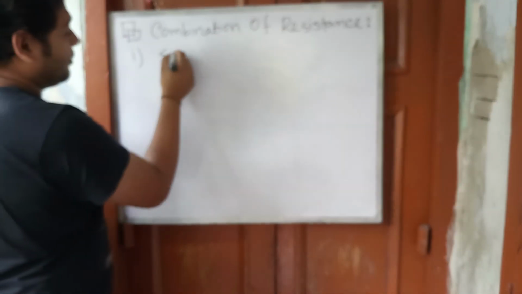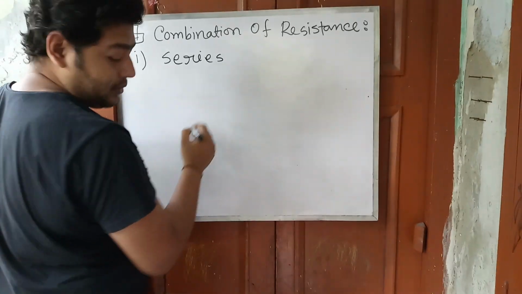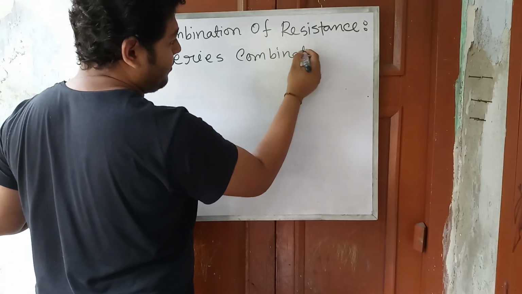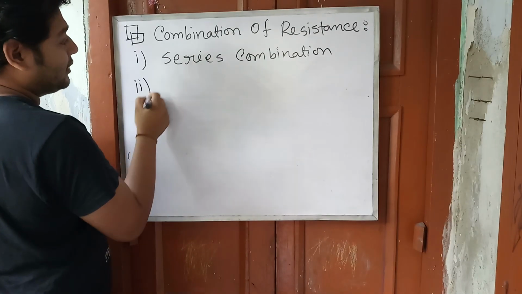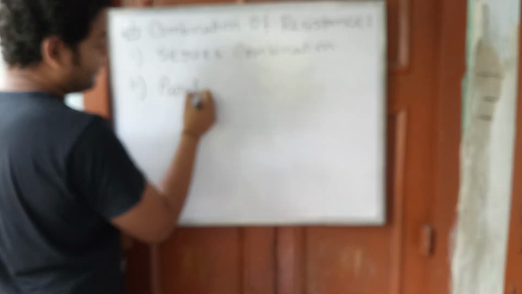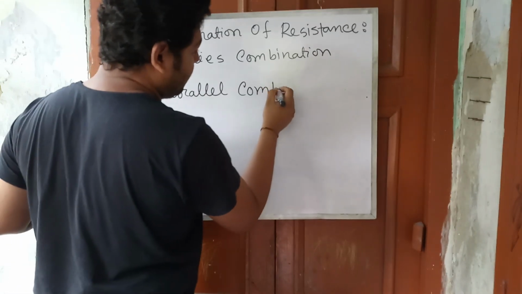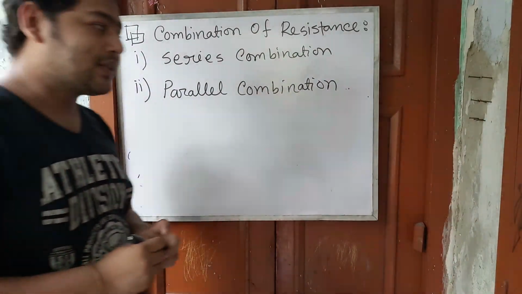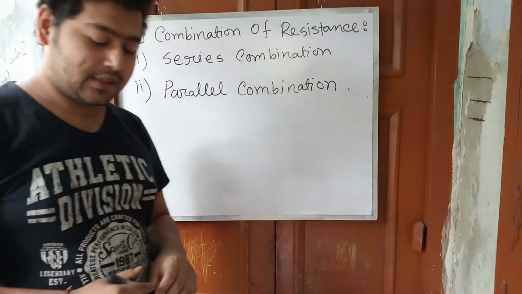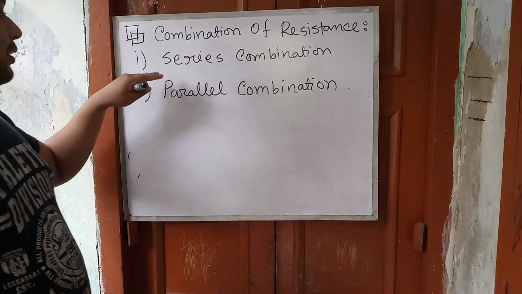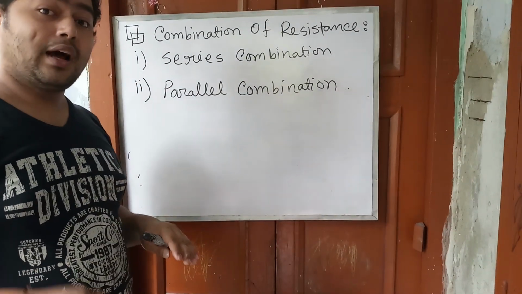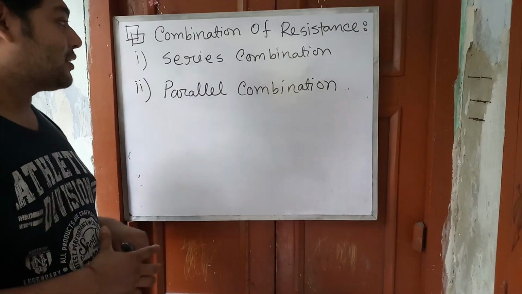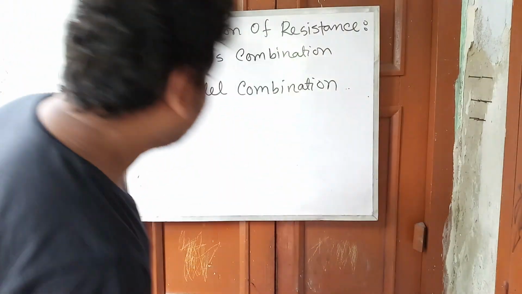One is the series combination, and another is the parallel combination. Then we will discuss the series combination. Why we call this type of combination series, we will see later.